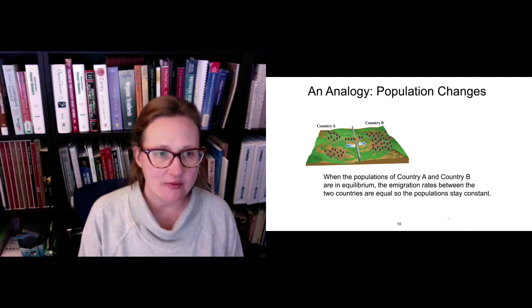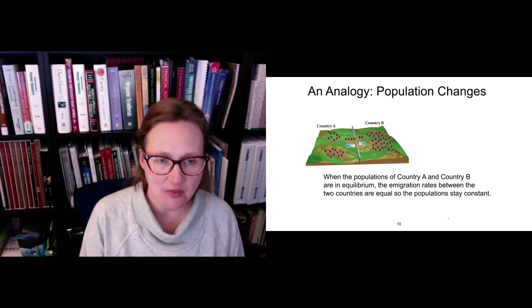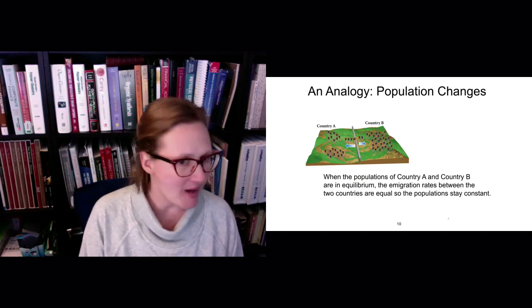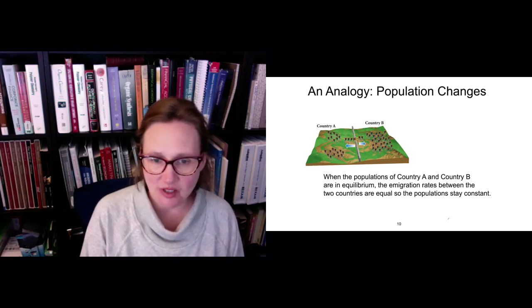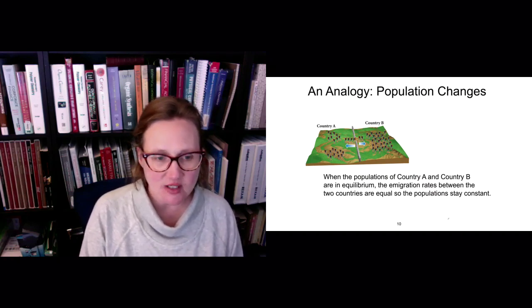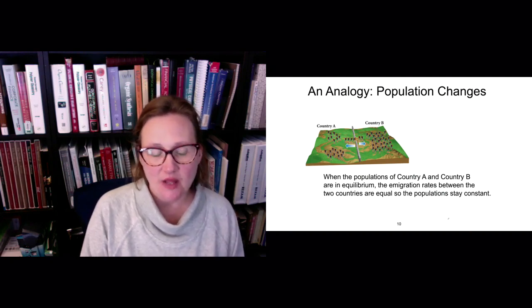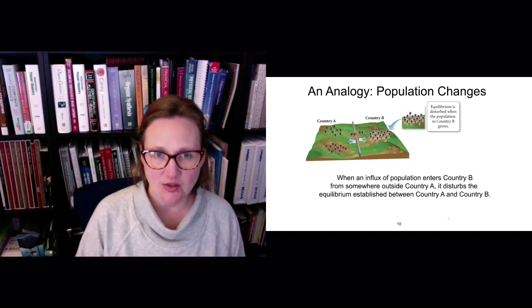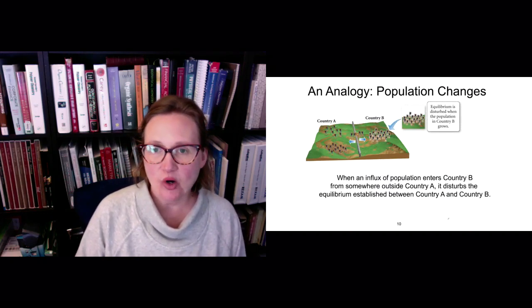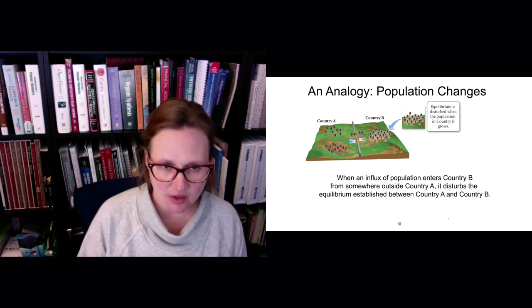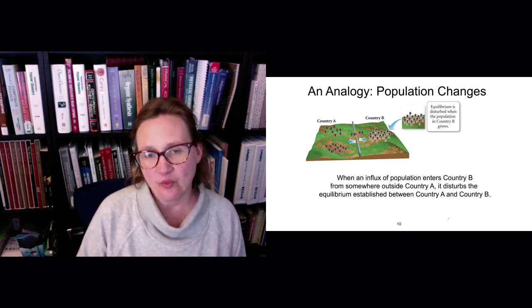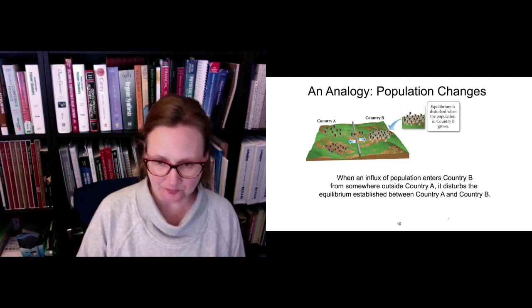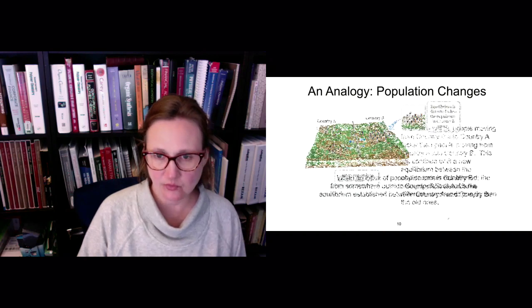All right, so let's go back to our population analogy. So here we have country A and B, and remember they're free to go back and forth between country A and B. They've reached this equilibrium, and when they've reached this equilibrium, their populations remain constant. Okay, so now what we're going to do is disturb country B. We're going to disturb the population.